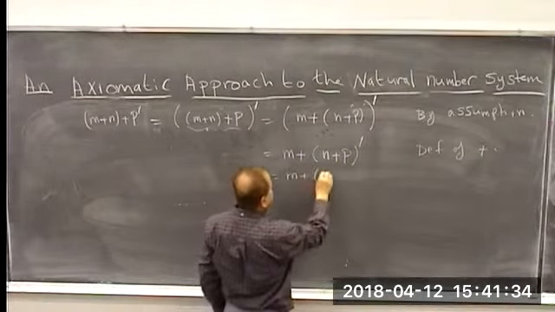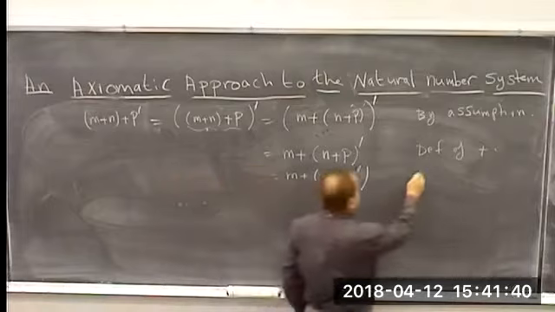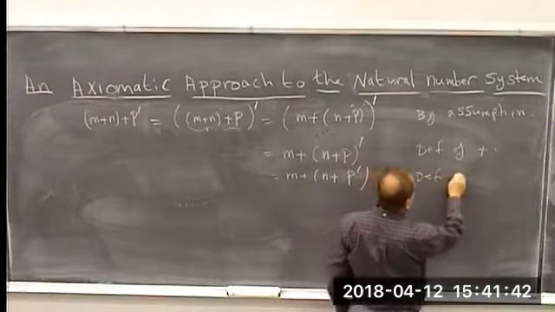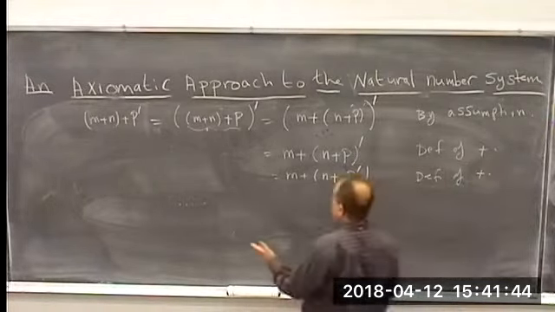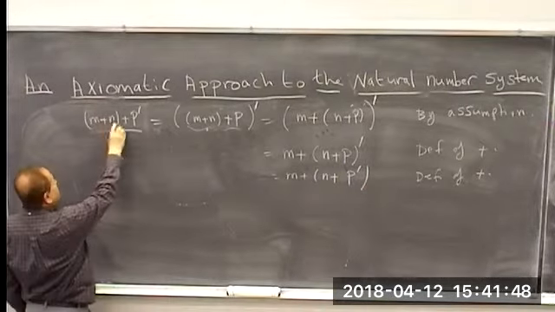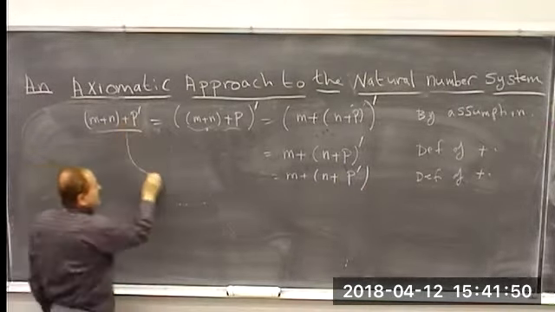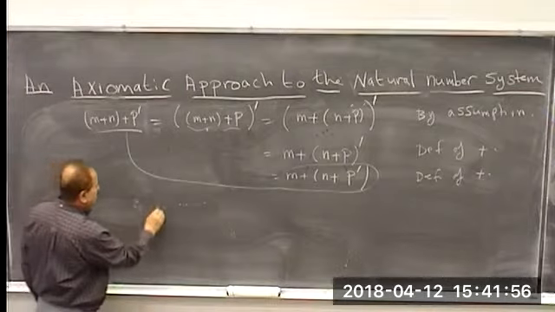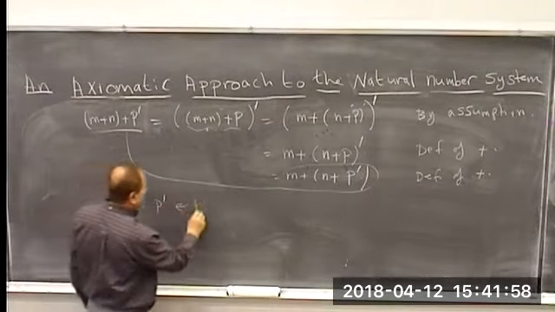Like this. Again, this is definition of addition. Well, that's it. We're done. So we have shown that m plus n plus p prime is rearranged, and we got this. So this means, therefore, p prime does belong to k.